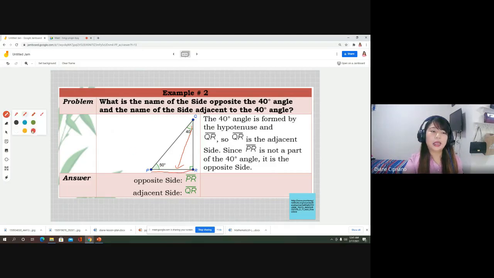And then the adjacent side for the 40 degrees is this side, QR. Okay, so this is the opposite side, PR, and then the adjacent side is QR. Next slide.